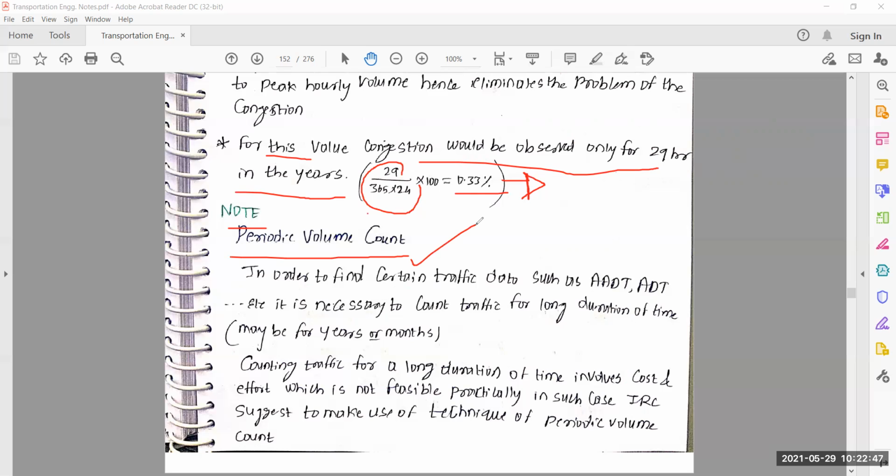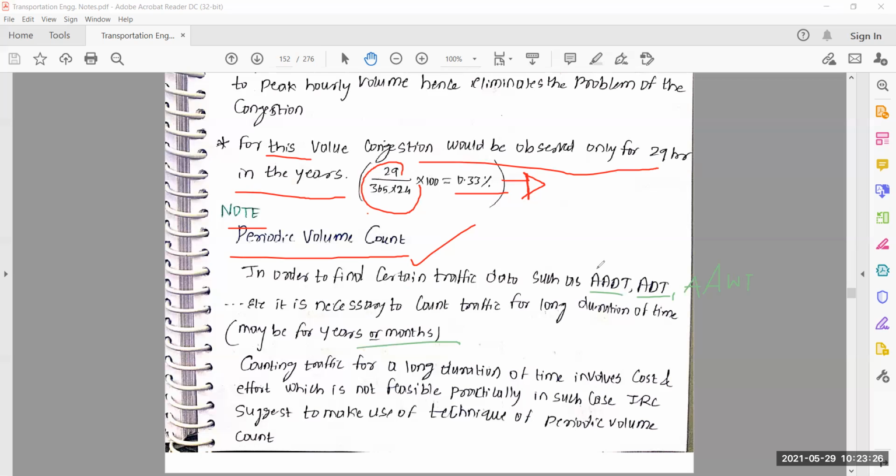In order to find certain traffic data such as ADT, that means annual average daily traffic, and also AAWT, annual average weekday traffic, etc., it is necessary to count traffic for a long duration of time, maybe a year or a month, which is obvious.